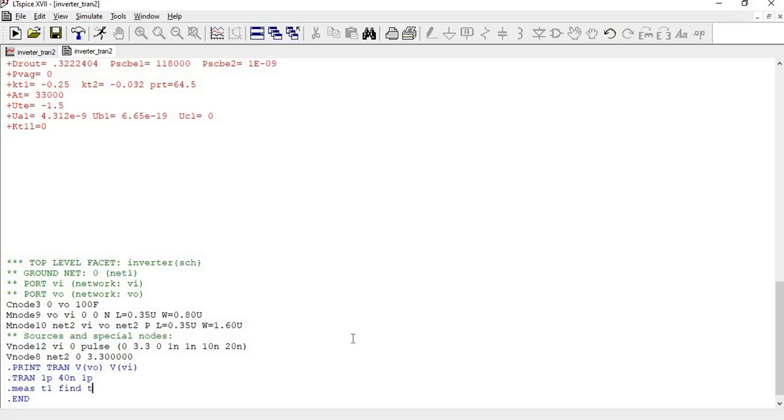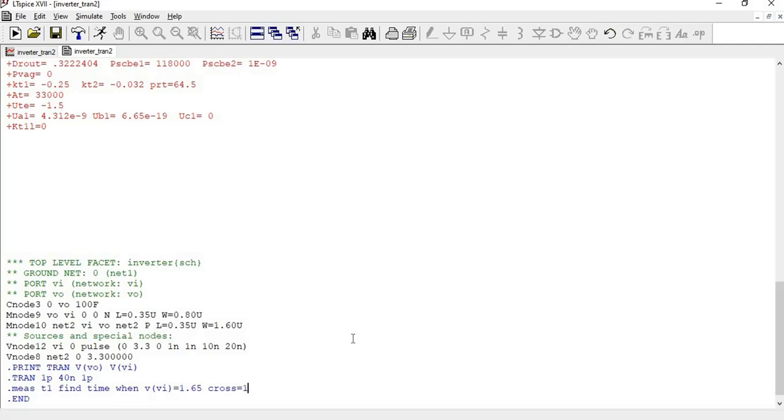Find time when VI is equal to 1.65 cross equals 1.